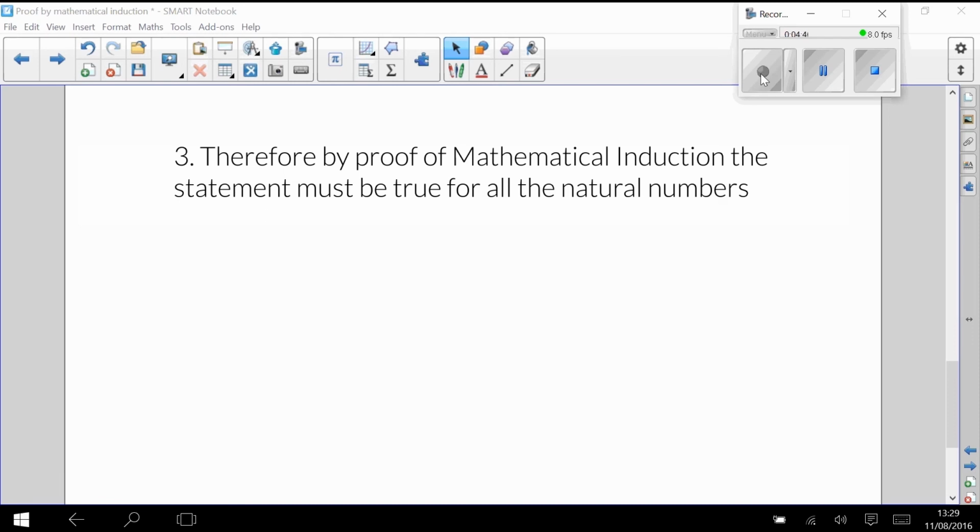And finally, as we proved that that statement would work if n was 1, and we also proved that that statement would be divisible by 4 when n was equal to k plus 1, it stands to reason that the statement must be true for n is equal to k when n is an element of the natural numbers. We have now proven through mathematical induction that 9 to the n plus 3 is always going to be divisible by 4.